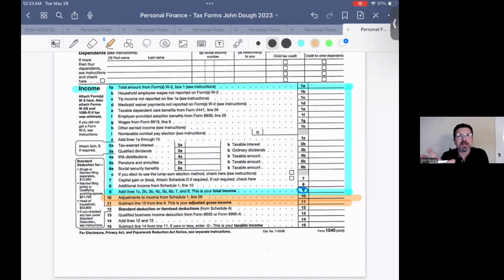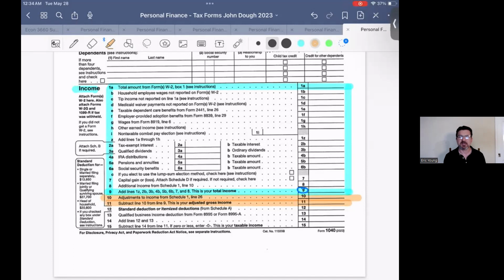It's very important you get this. You are not taxed at the federal level on all of the income that you earn. But what the tax return does is it takes you through a systematic process to sort of legally chip away and reduce the amount that you're taxed on.